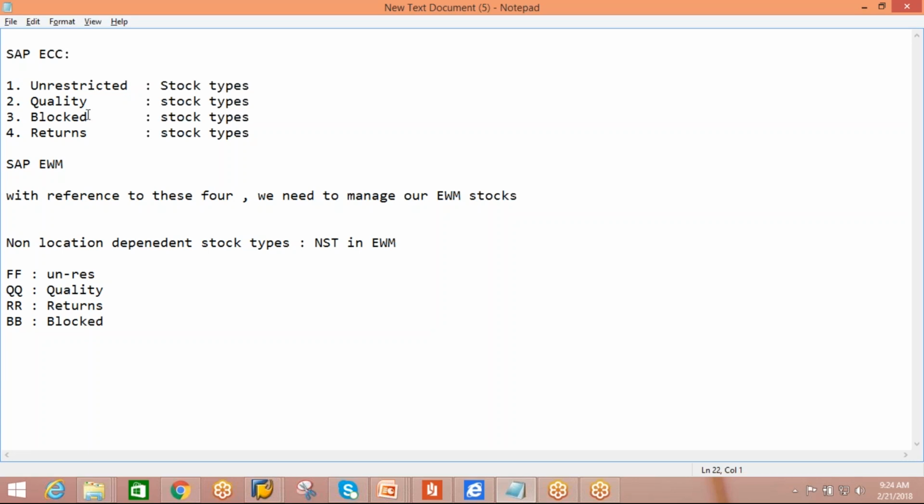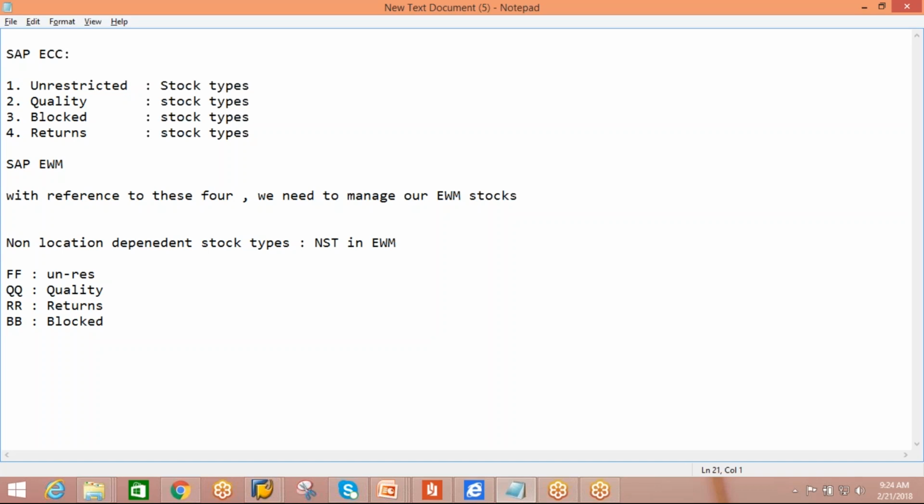These four stock types are maintained as non-location dependent stock types in EWM, named FF, QQ, BB, RR.